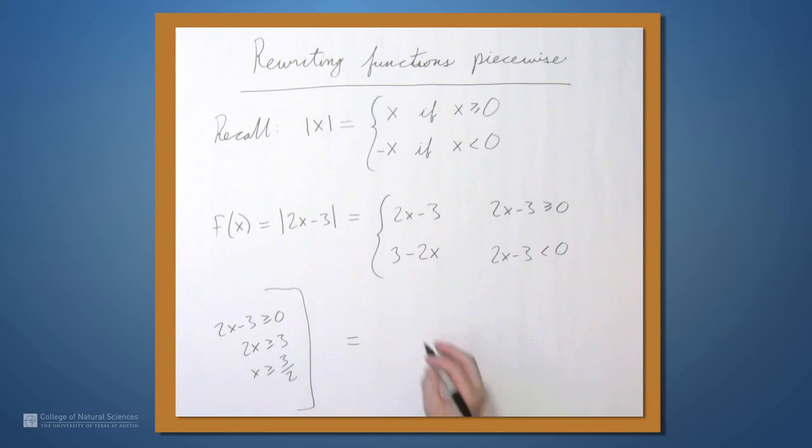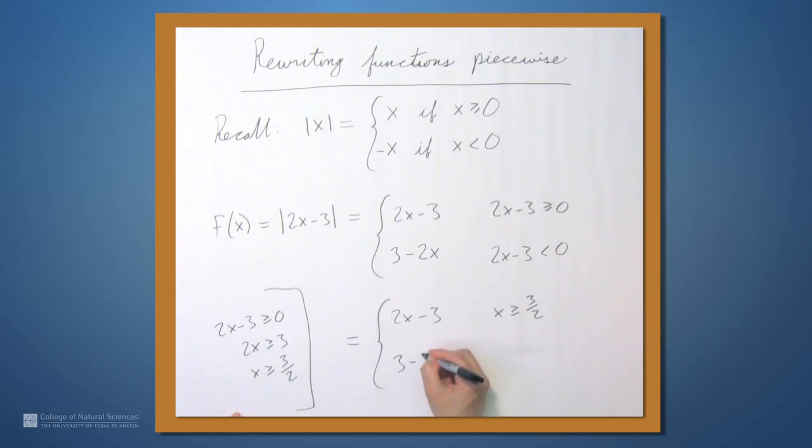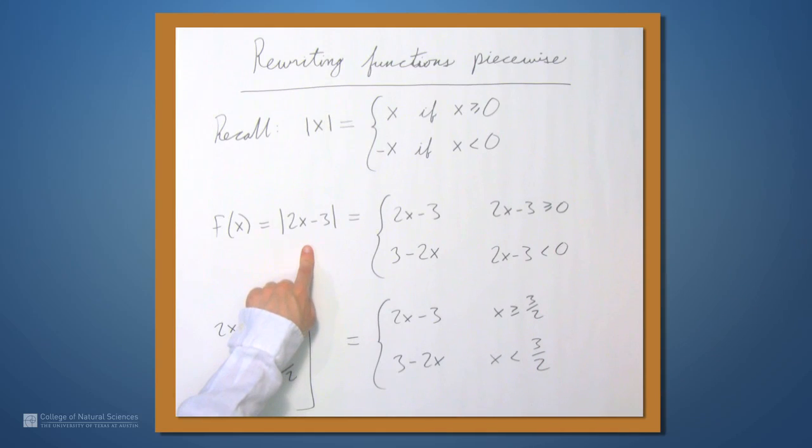So then we can rewrite this expression as 2x minus 3 if x is greater than or equal to 3 halves, and 3 minus 2x. We do the same thing, only we switch all of these to less than symbols. We get x less than 3 halves. And that's how we can rewrite this function piecewise.